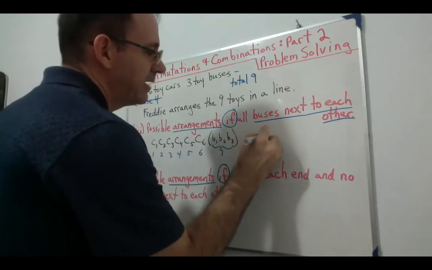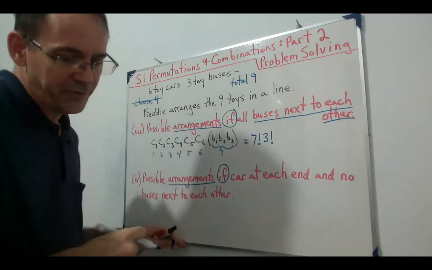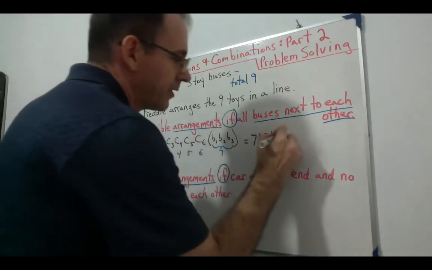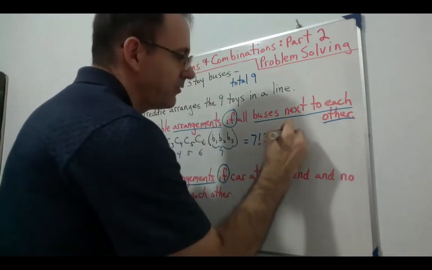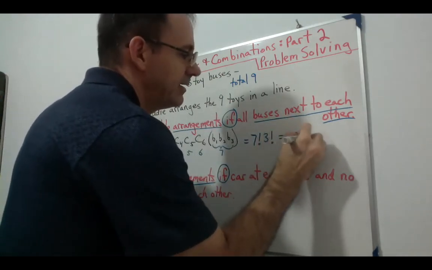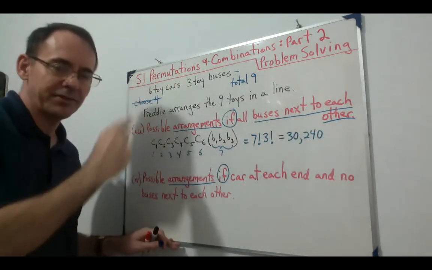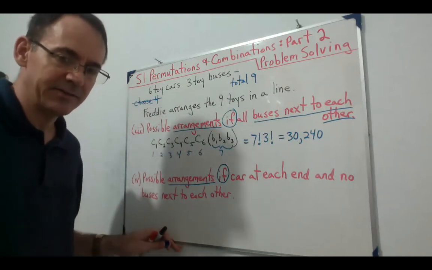So this is times another 3 factorial. So we have 7 factorial times 3 factorial, which gives us a grand total of 30,240.